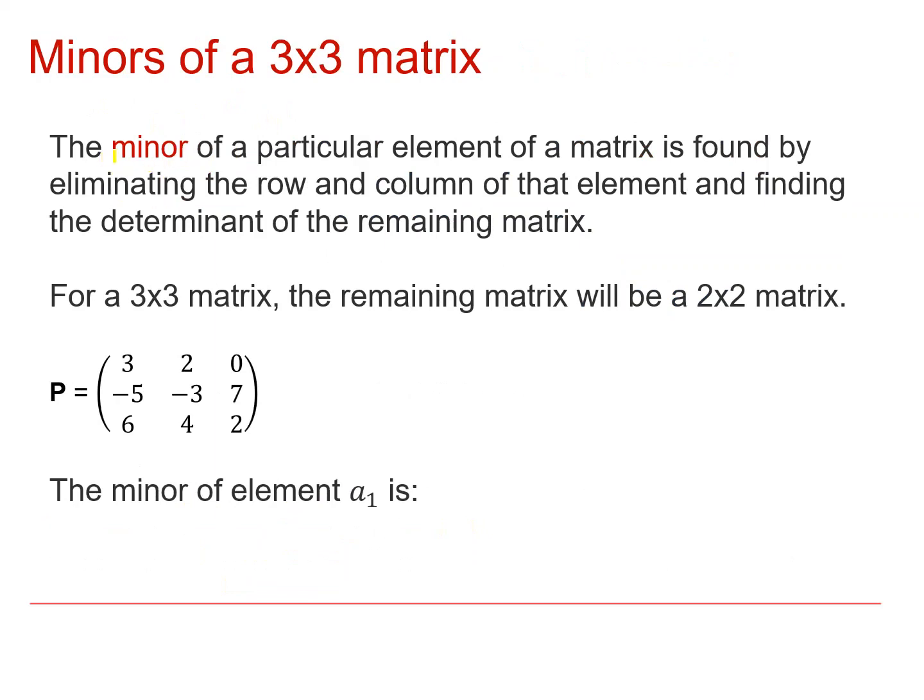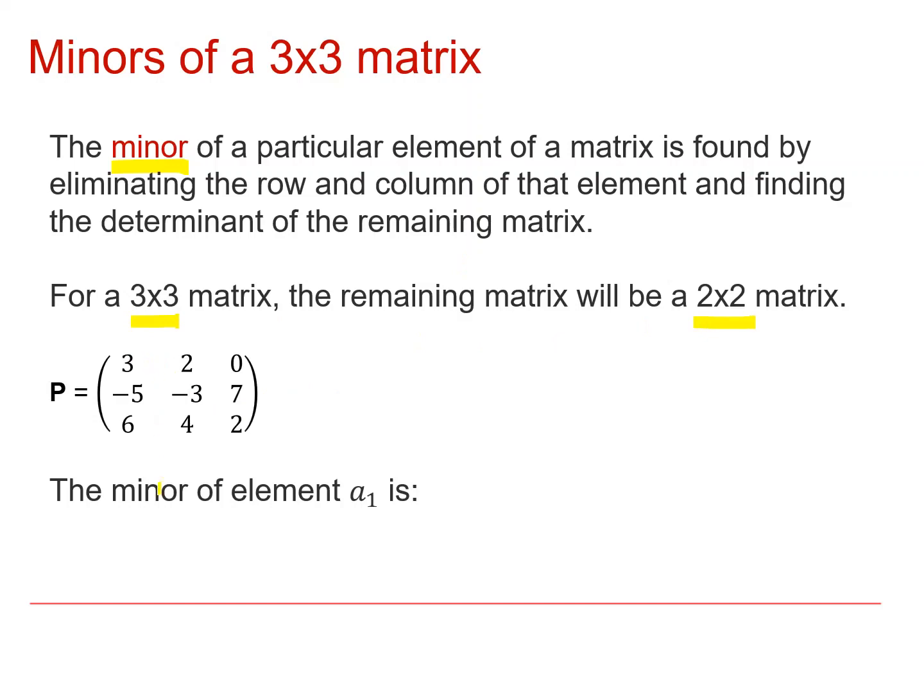So if you look at this definition, the minor of a particular element is found by eliminating the row and column that the element sits in and finding the determinant of the remaining matrix. For a 3x3 matrix, the remaining matrix will be 2x2.